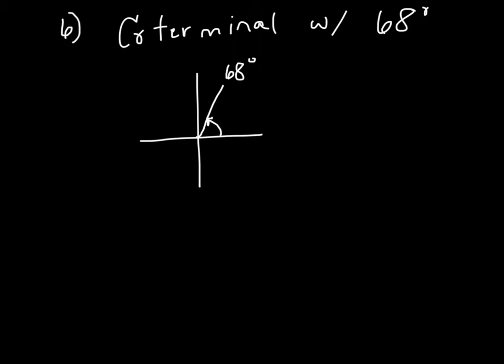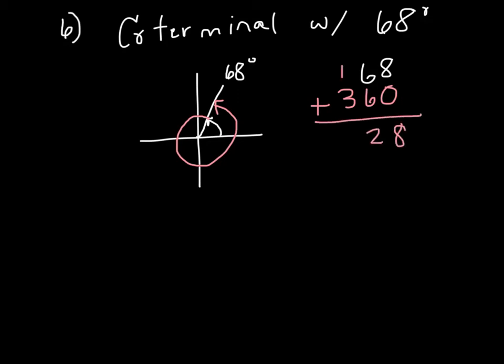Well, we could go past 68 and keep going around the circle another entire time and get to the same place. If we did that, we would take 68 and add the full circle, which is 360. If we totaled that up, we would get 428 degrees.